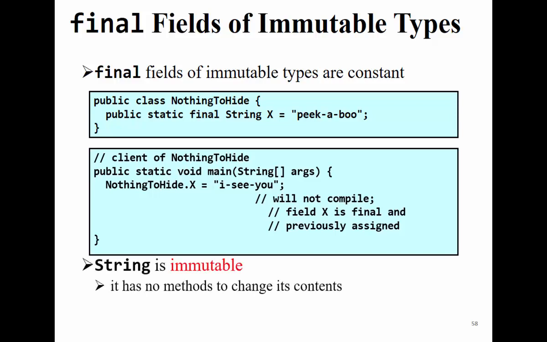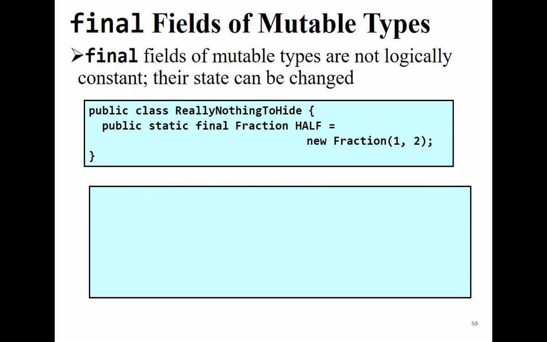Okay, and the string is an immutable object, so no method can modify it. But this is a very important slide, highlighting that whenever you declare final with an object, you should be careful because final applies to the reference, not the object state. We discussed this in the previous lectures when we discussed final.